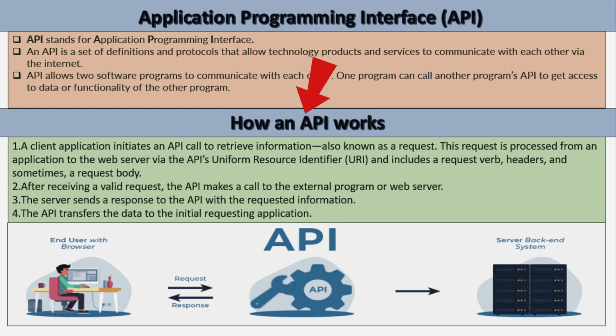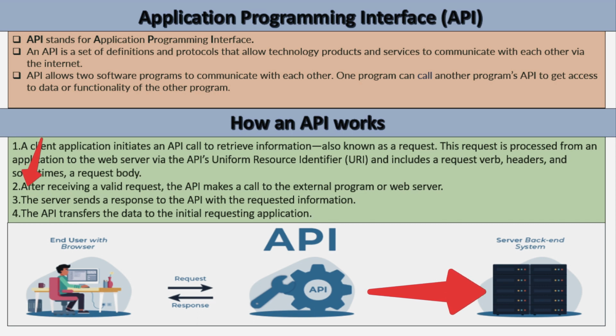Now let's see how an API works. So the very first step is the client application initiates an API call to retrieve information, also known as a request. This request is processed from an application to the web server via the API's Uniform Resource Identifier, also known as URI, and includes a request verb, header, and sometimes a request body.